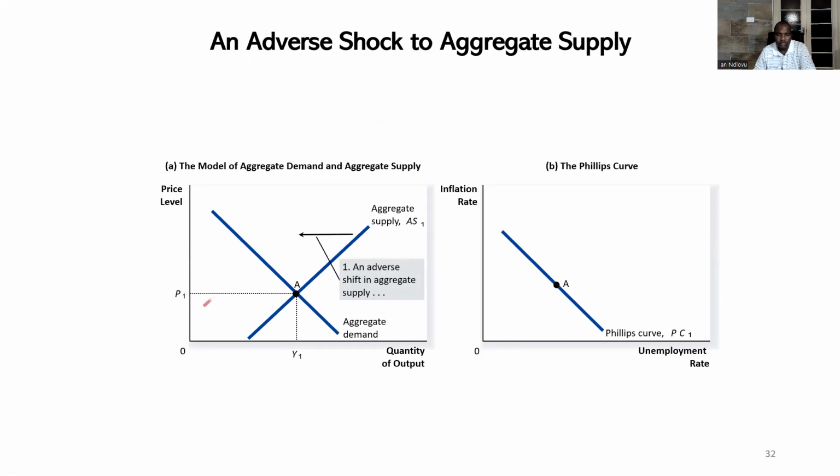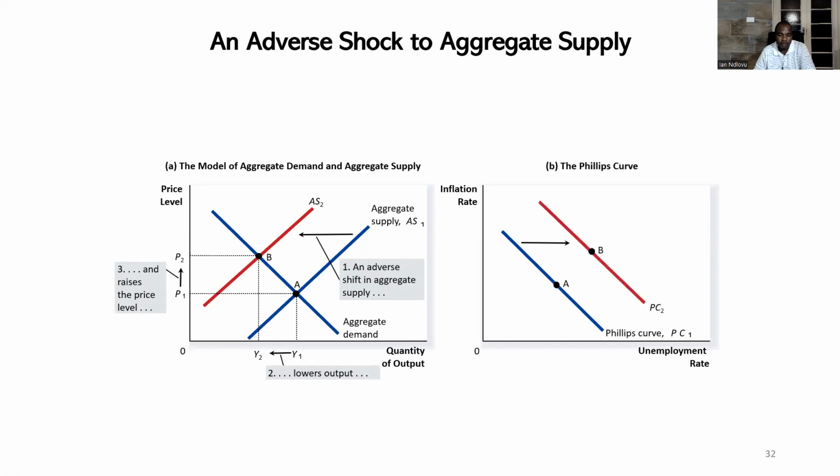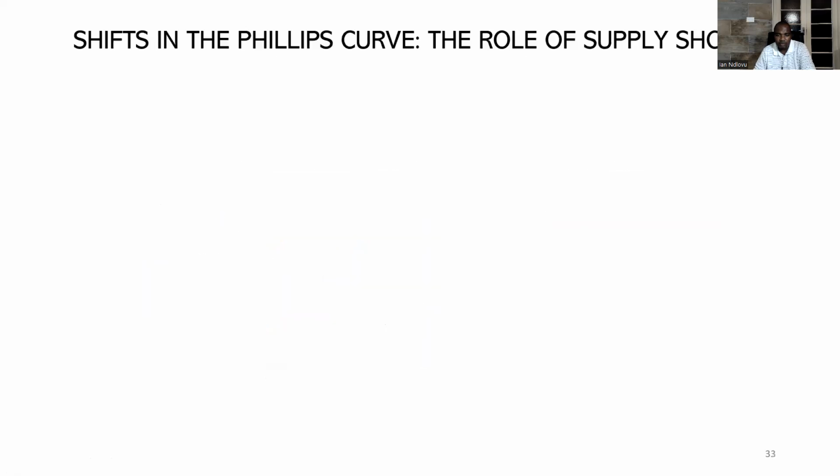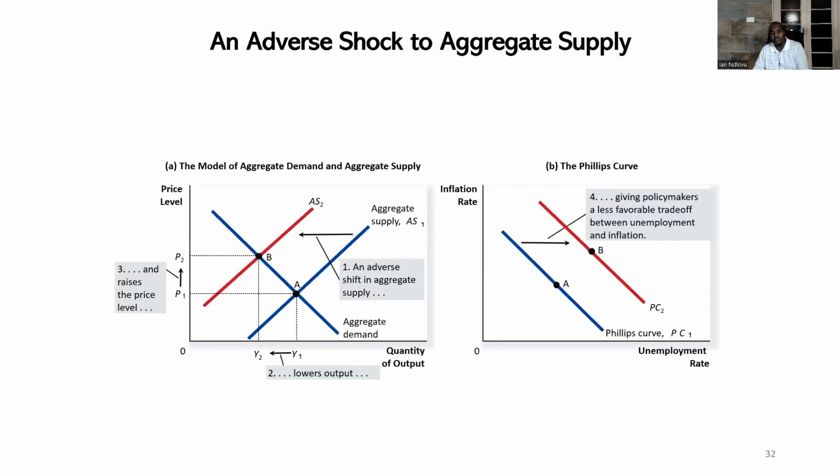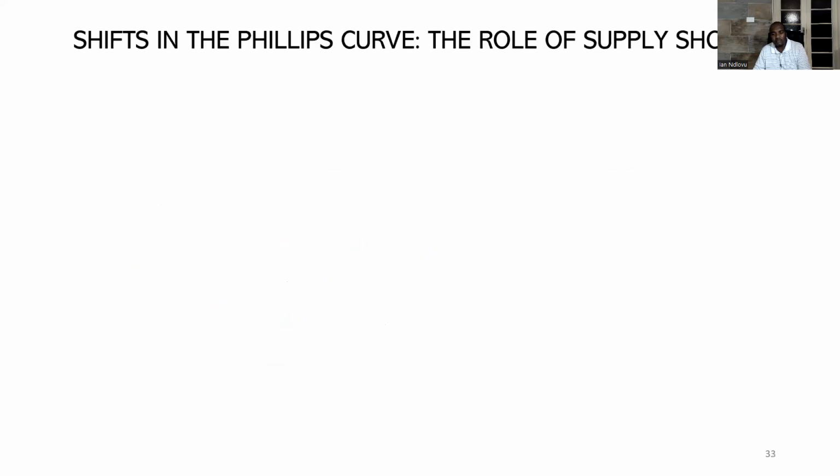So the war in Ukraine has caused the short-run aggregate supply curve to shift from AS1 to AS2, which will cause the output of many economies to decline, say from Y1 to Y2, and the general price level will increase. Definitely in Zimbabwe, it will increase. In America, they're already talking of inflation beginning to increase because of the adverse shock associated with this war between Russia and Ukraine.